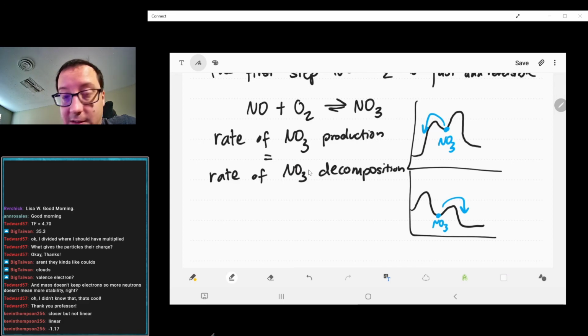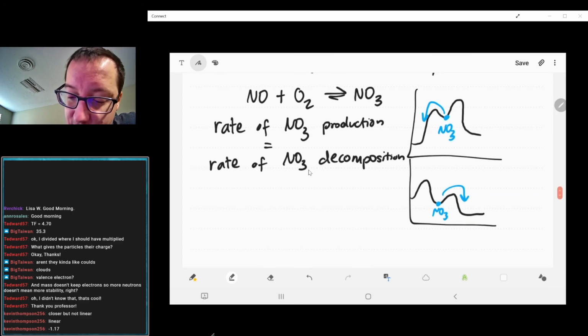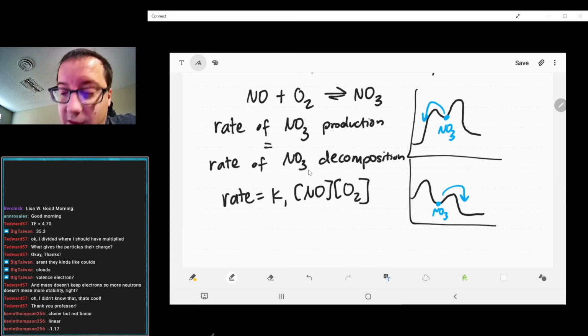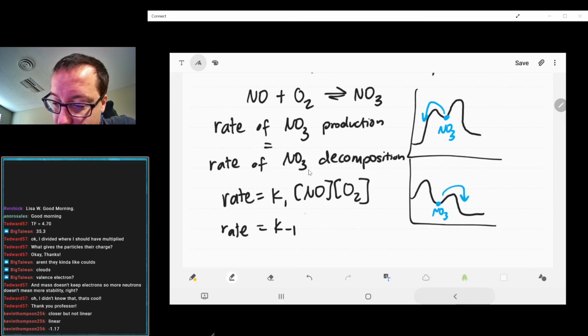Suffice it to say that we have two potential ways we could describe this rate. We could also say it's equal to the reverse reaction, the disappearance of the product.